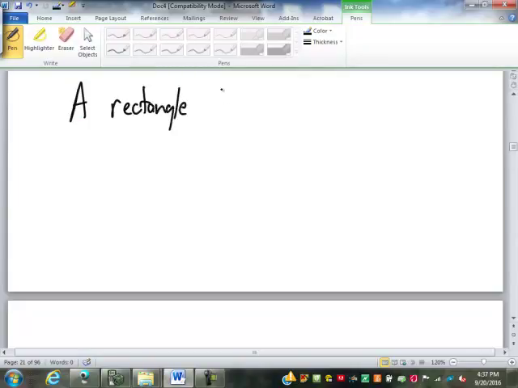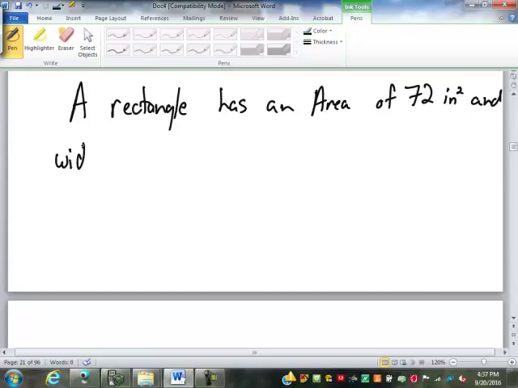A rectangle has an area of 72 inches squared and a width of 6 inches. Find the length.